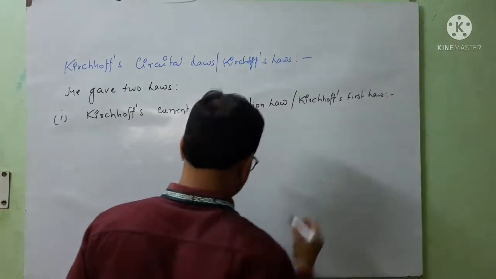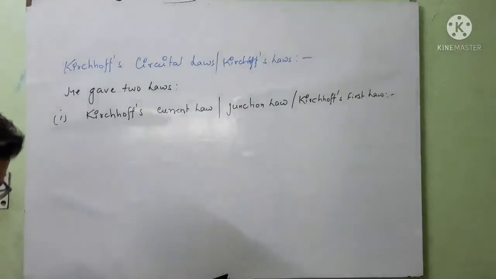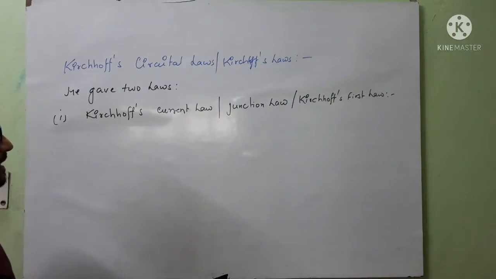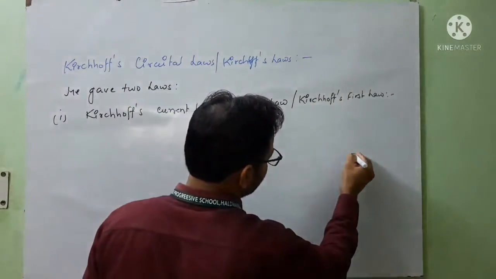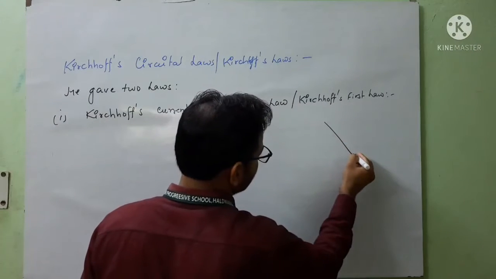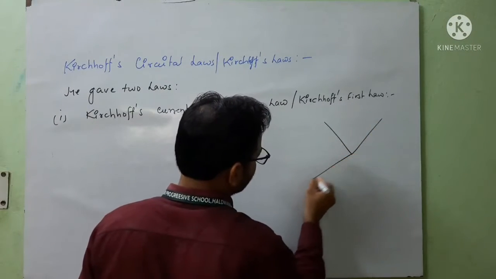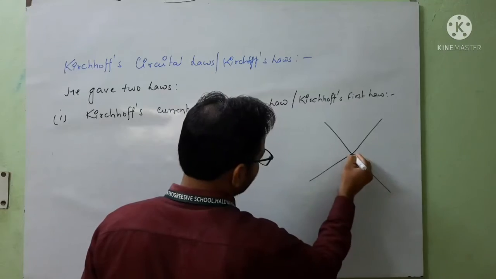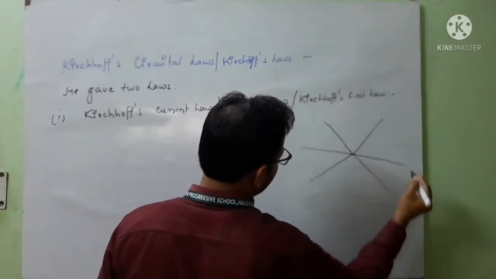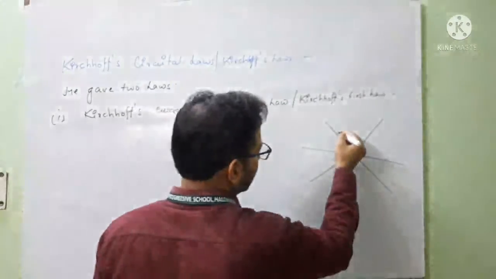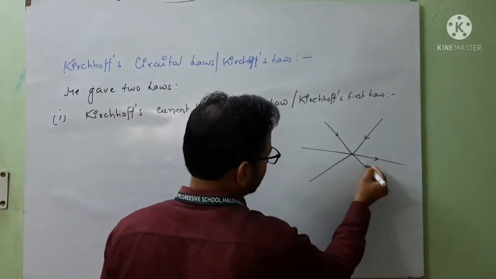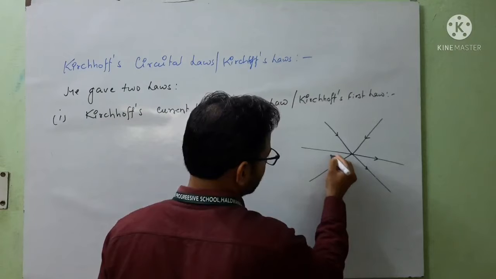So dear student, according to the first law of Kirchhoff, he tells us about the total current in a junction. Suppose in the given complicated circuit I have a junction where n number of wires are meeting, carrying current I1, I2, I3, I4 and so on.